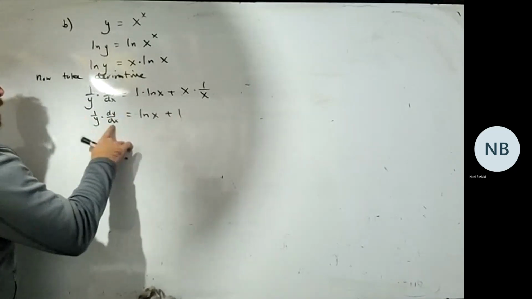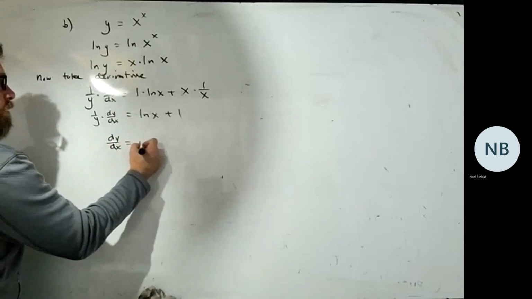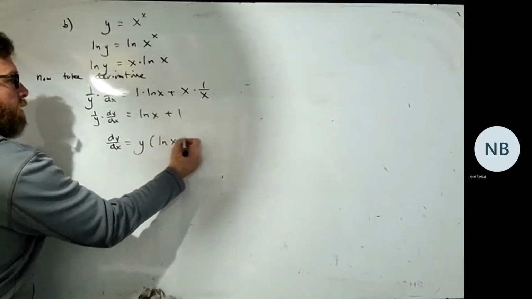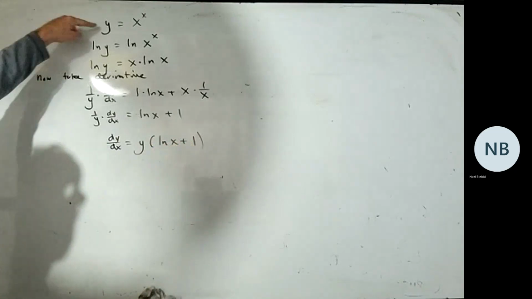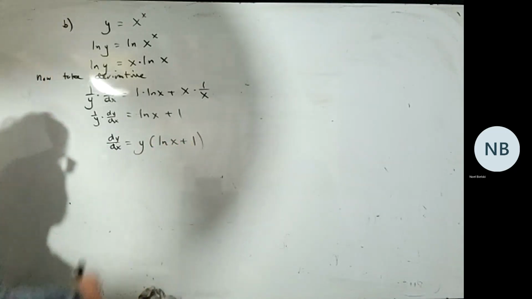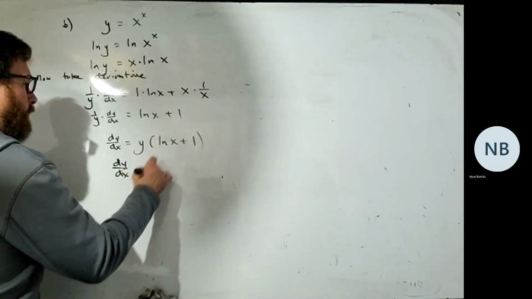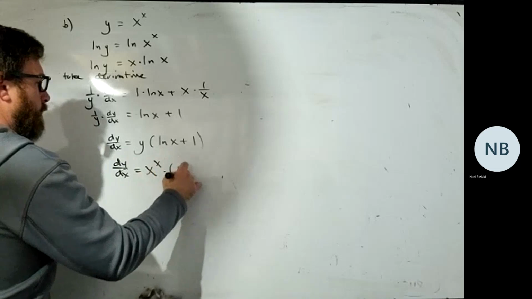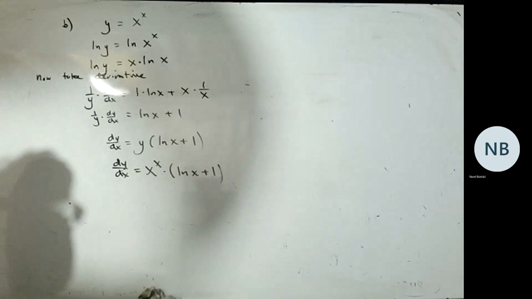So I have to multiply by y to isolate my derivative. So dy dx is equal to y times this expression. And this is where you climb back to the original expression, because y is equal to x to the x. So dy dx is x to the x times the natural log of x plus 1. Now we're done.